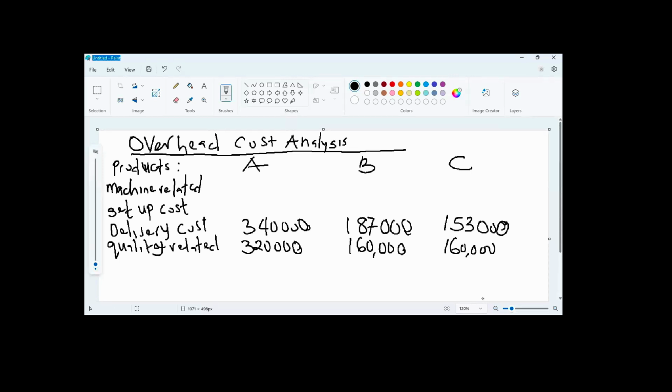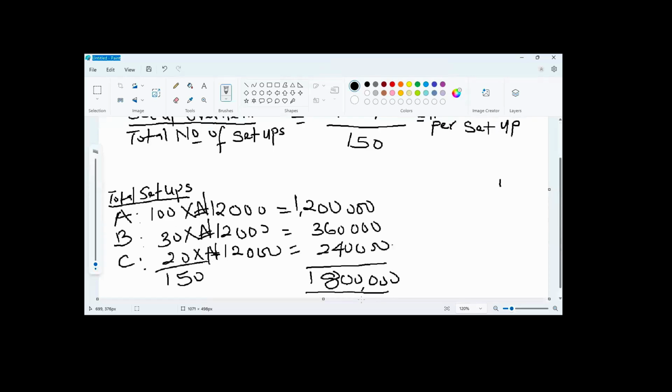I will move to the next one. This is set-up, is that not?